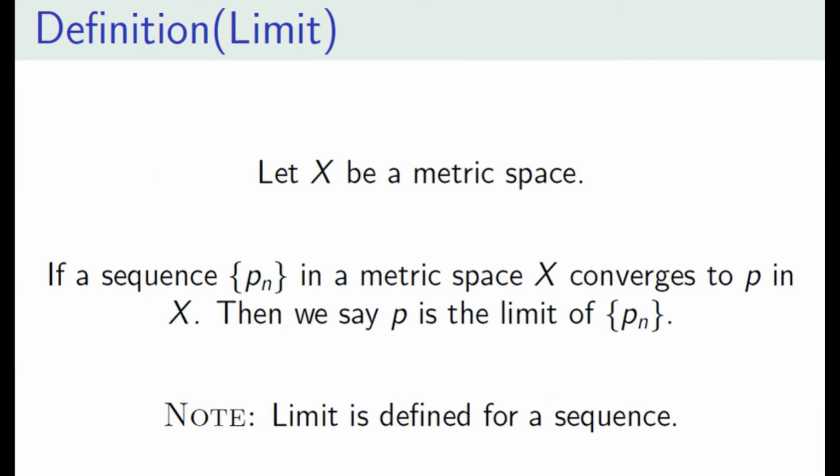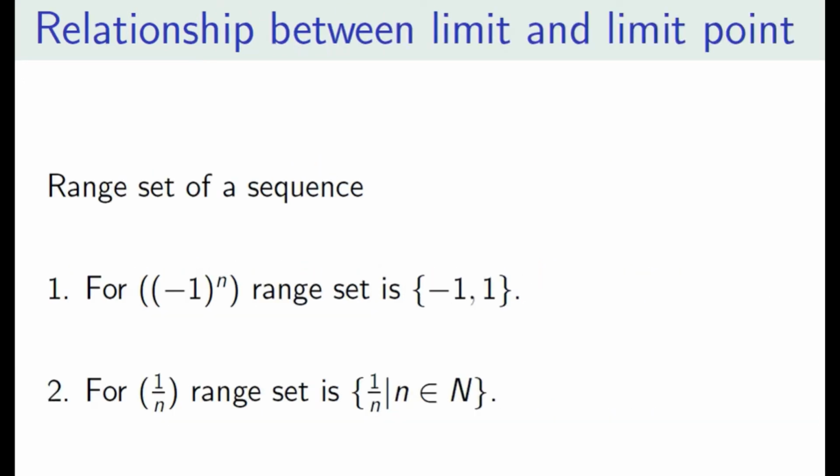Now, what is the relationship between limit and limit point? Once we understand the relationship, it becomes easier for us to understand the theory further. If we don't know the relationship between limit and limit point, that really creates confusion.